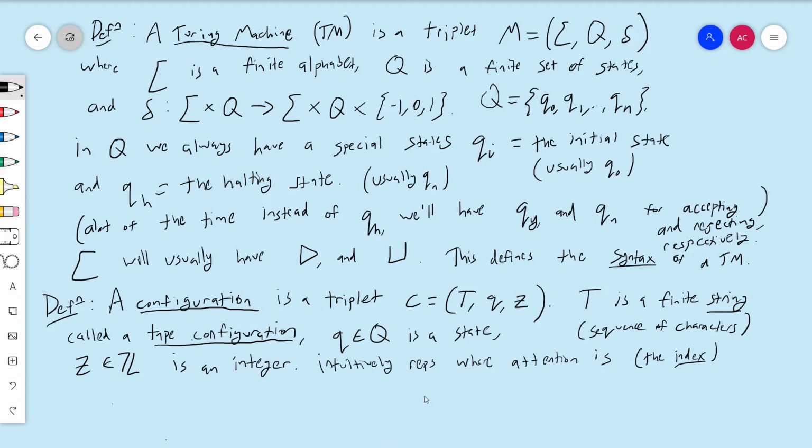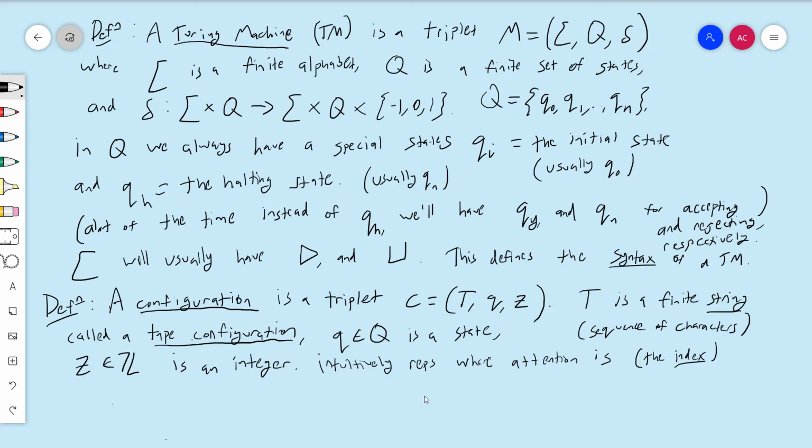At some point, for some proof in the future, I might conveniently define configuration slightly differently. But as long as the configuration does encode these three things, there's a one-to-one correspondence between the definitions, and it still works out. All I really need with a configuration is a complete description of the Turing machine, which includes what's on the tape, the state I'm in, and where my attention is. So this is the way I'm going to do it right now, as a triplet.